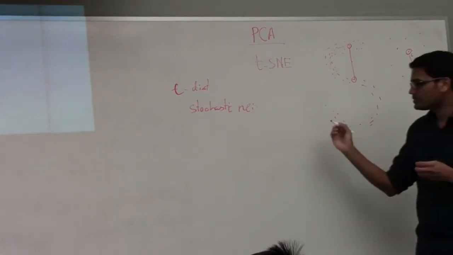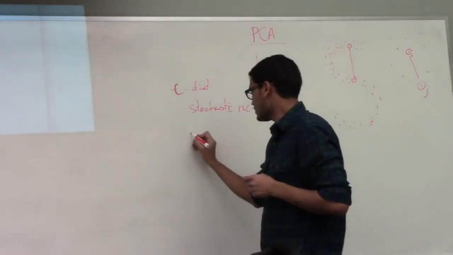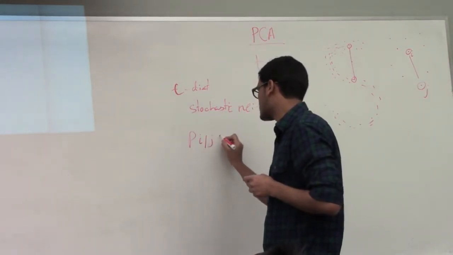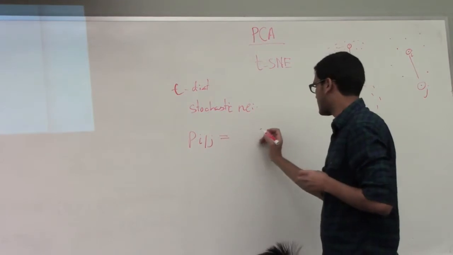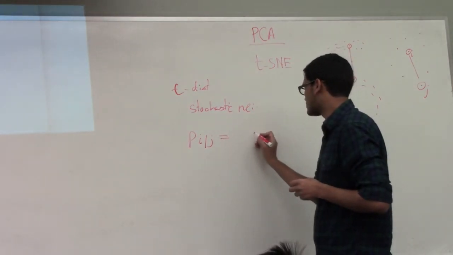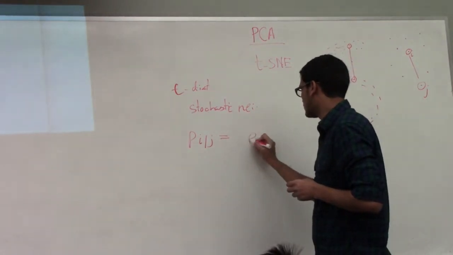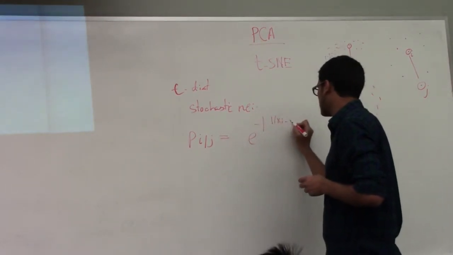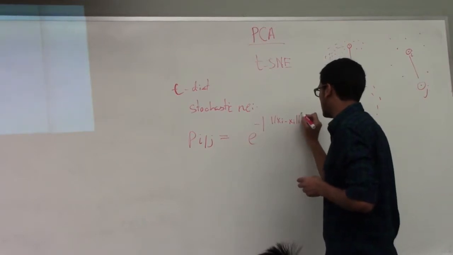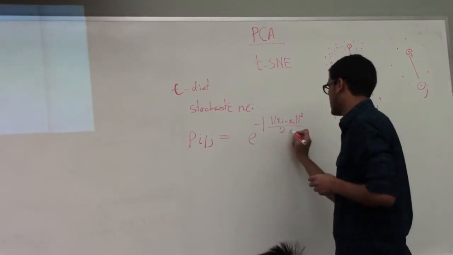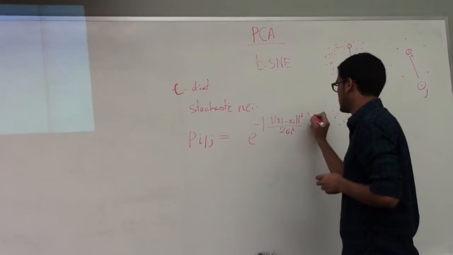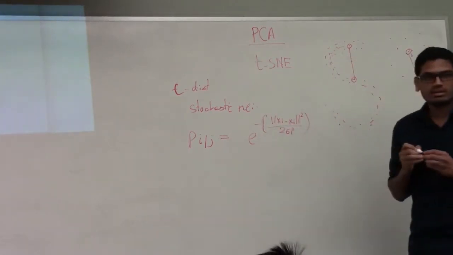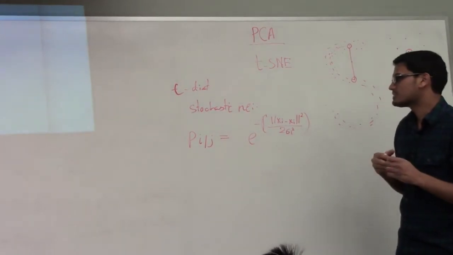So the similarity from i to j is given as the conditional probability of the Gaussian, which is e to the power of minus the norm of x_i minus x_j, divided by, and well, this gets normalized in the end.